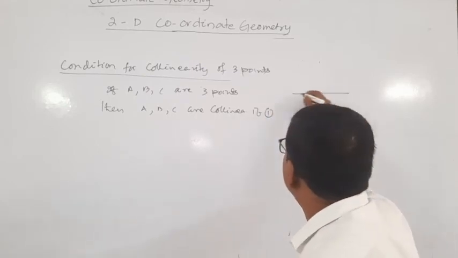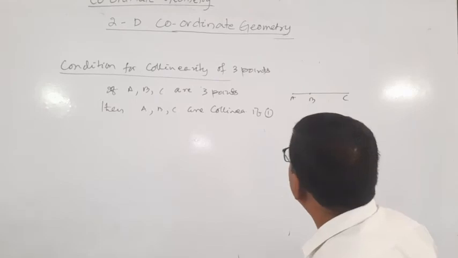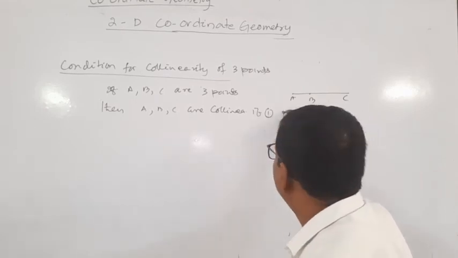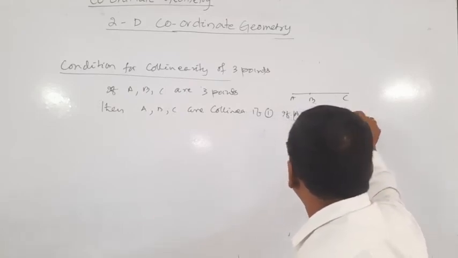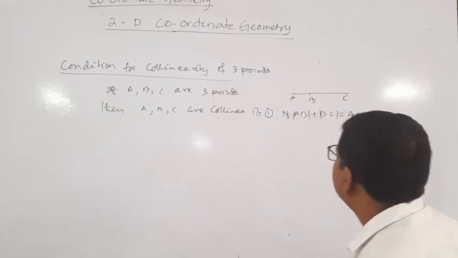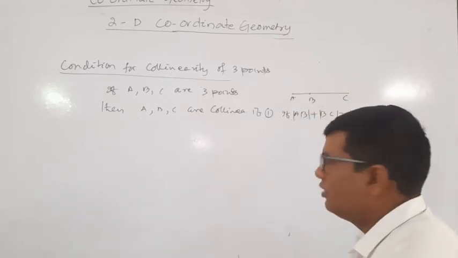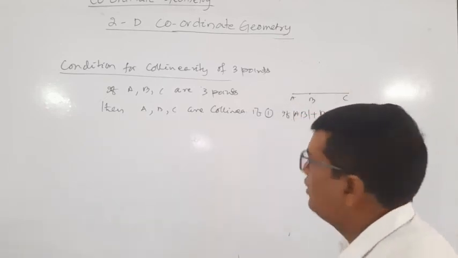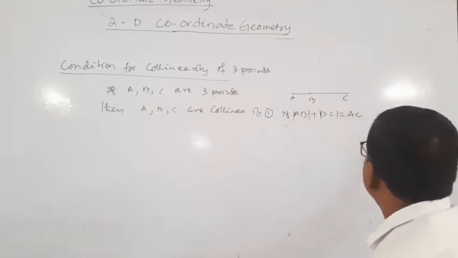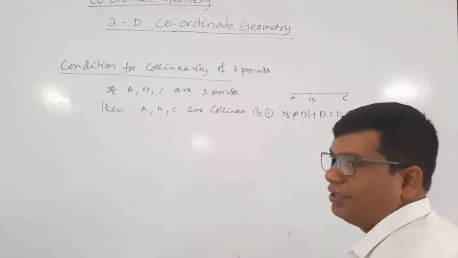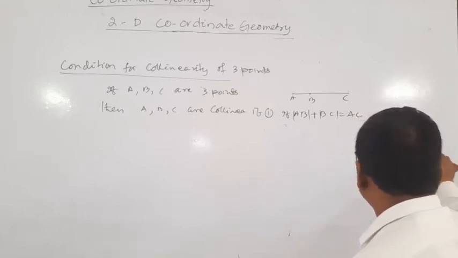Suppose this is A, this is B and this is C. This is collinear if distance AB plus distance BC is equal to distance AC, that is, B lies between A and C. Now if B is an external point, suppose this is A, this is C and this is B, then AC plus CB is equal to AB distance.